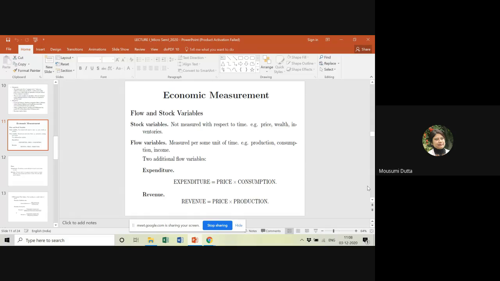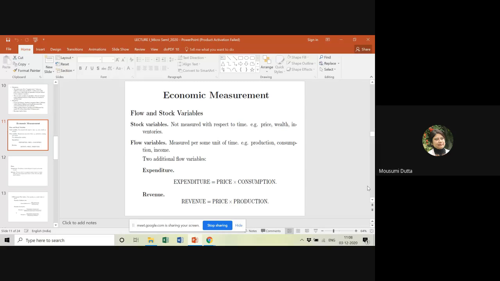From the producer side or the seller side, we get a similar type of variable. However, we call it the revenue, price into quantity. First one is also price into quantity. This one is also price into quantity. But in the first case, quantity is the quantity you are consuming. In case of revenue, it will be the quantity a particular firm is producing.